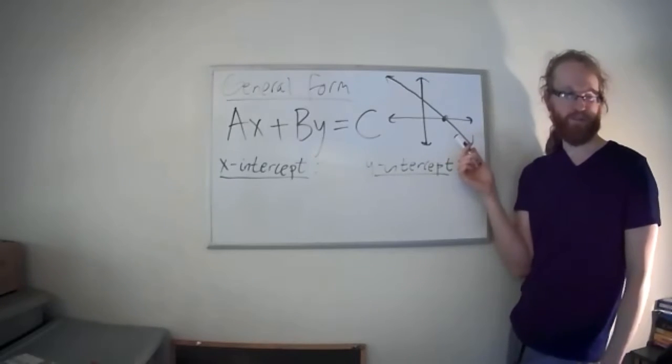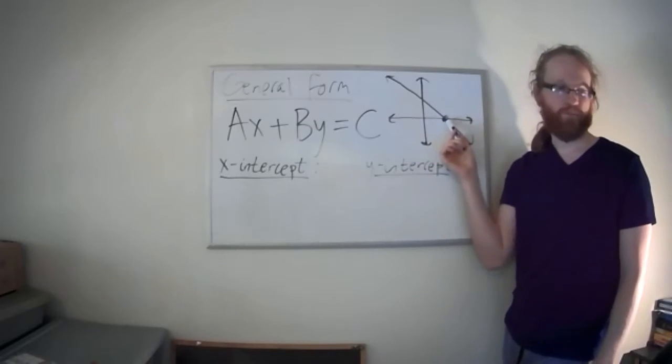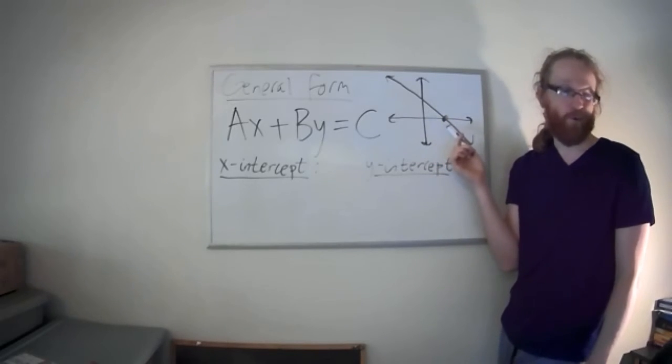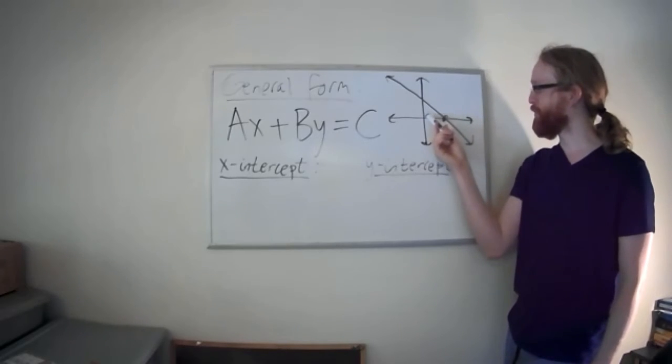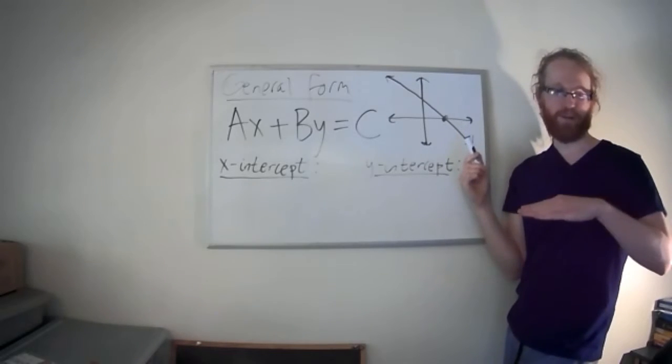What do I know about the coordinates at that point? Well, I'm somewhere on the x-axis. I moved to the right by some amount, but I don't know where, so that's not too helpful. But if I look at the y-axis, I'm actually on the x-axis, which means I'm not up or down at all.